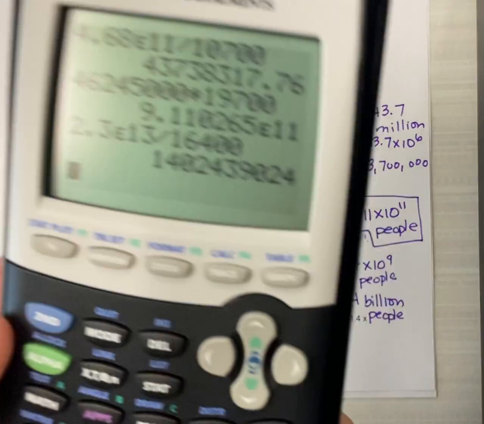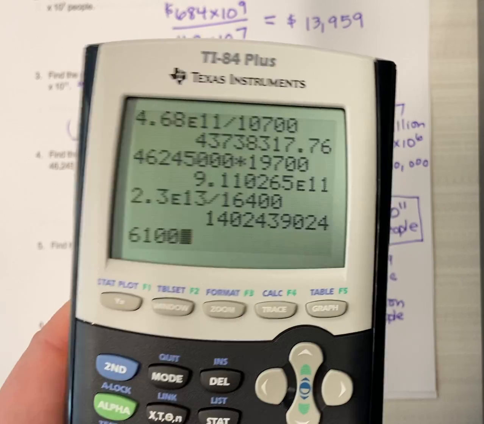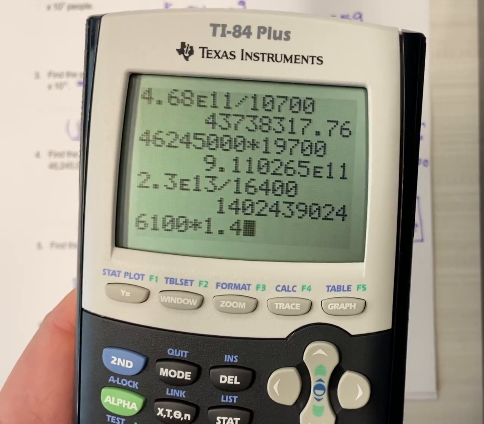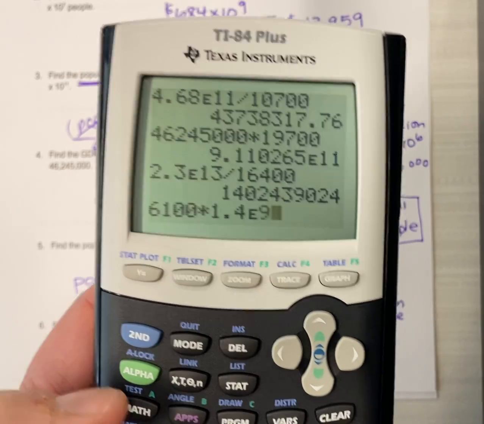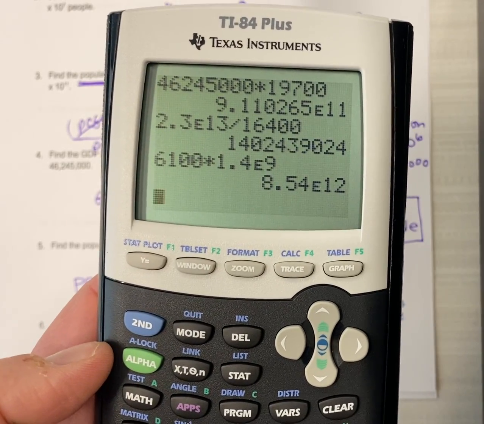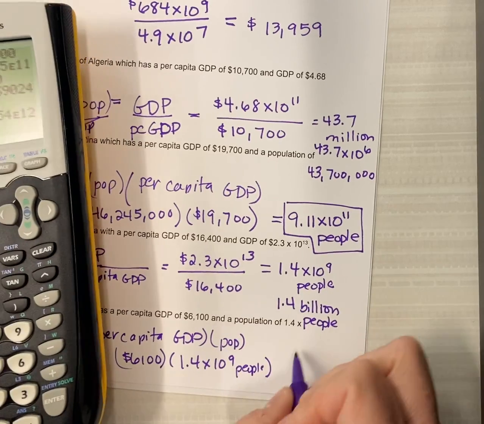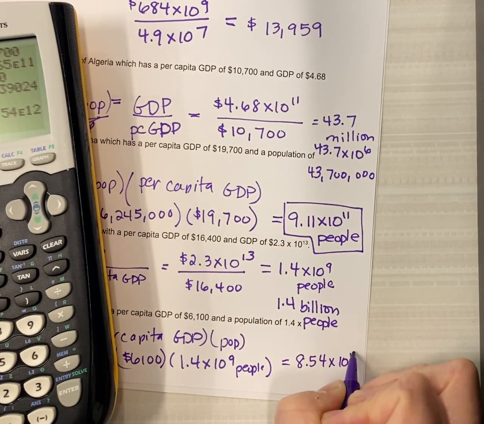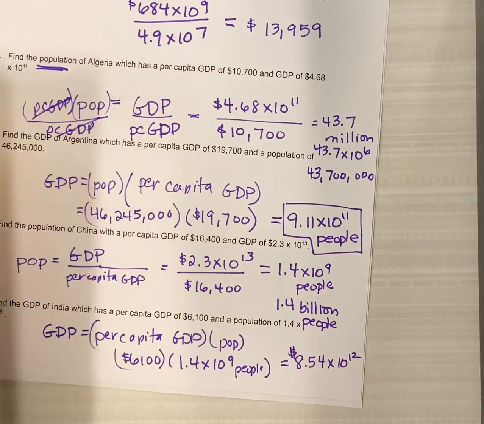And if I multiply that out, 6,100 times 1.4 second EE9, and I get 8.54 times EE12, but I'm going to write 8.54 times 10 to the 12th, and that's going to be the money.